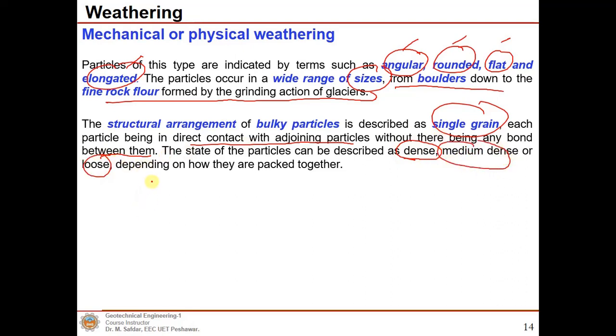If you compare the strength of dense, medium dense, or loose soil particles, the strength will be different, the compressibility will be different, and the hydraulic conductivity will be different. How they are packed together affects the engineering properties of the soil.